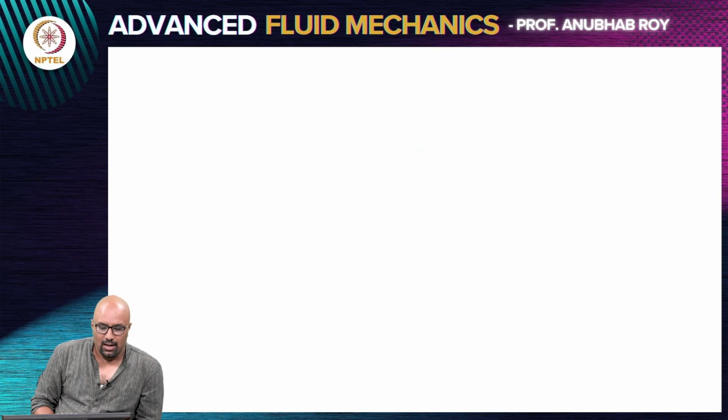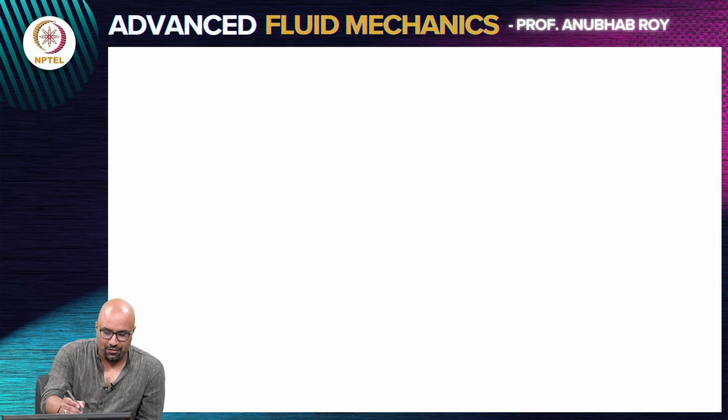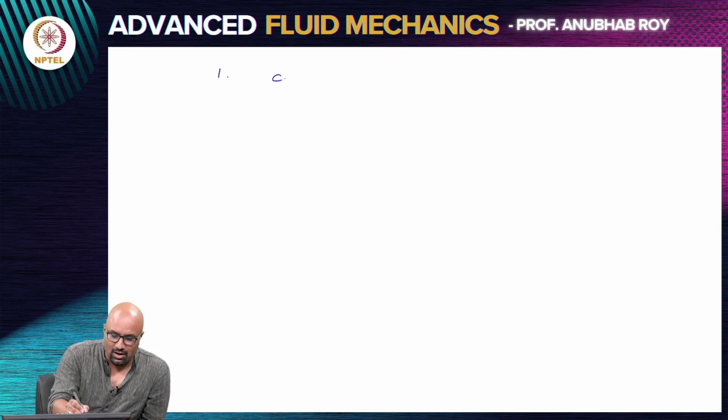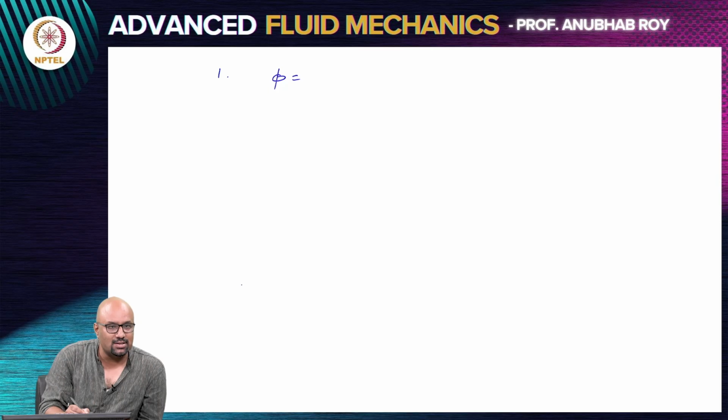So, the best way to think of it, if you are doing these problems, is to look at simple solutions. In the Cartesian coordinate system, I will more or less do these things as substitution. Rather than trying to formally write down a series solution, I will do more like substitution. So, the first solution that I will take is phi equal to some constant times x.